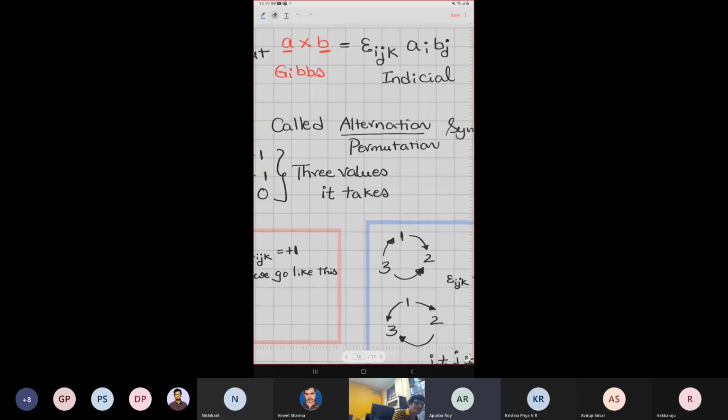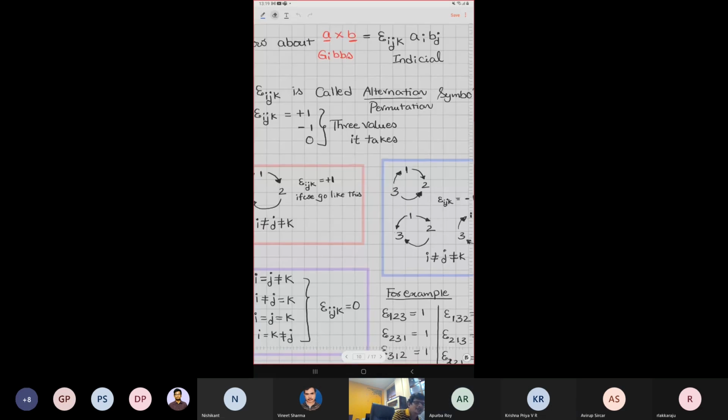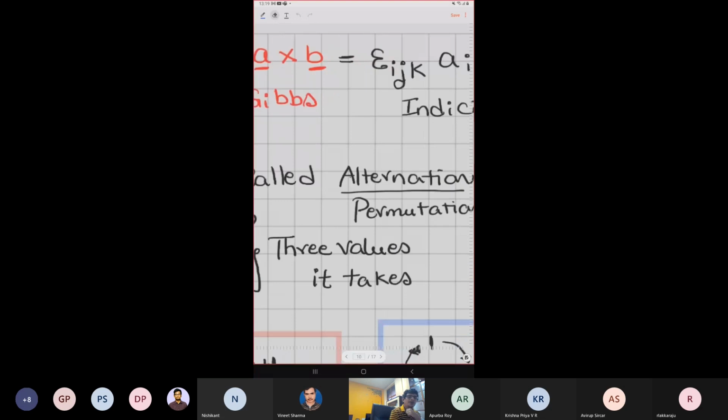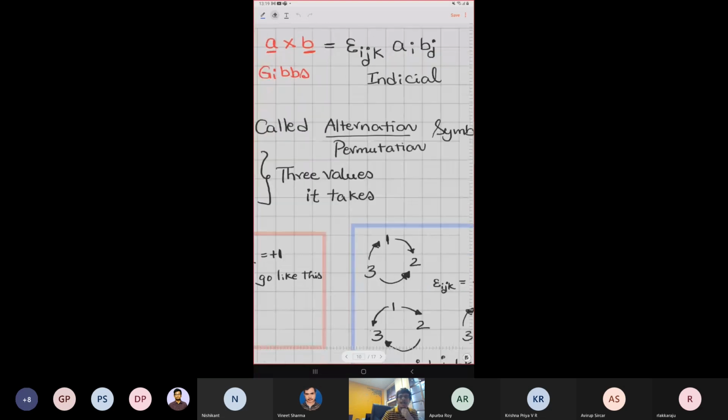Let us consider something like A cross B that I would like to have. Now you realize, in the example we have discussed, three components A cross B is pretty straightforward to calculate. But with N components, calculating something like a cross product is a non-trivial task. To assist that, we have this permutation symbol epsilon_ijk A_i B_j.